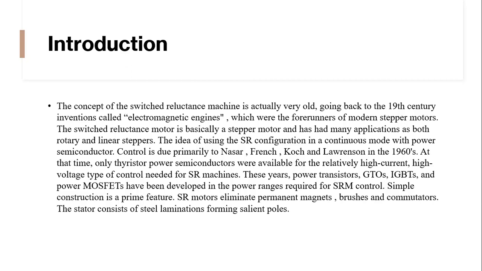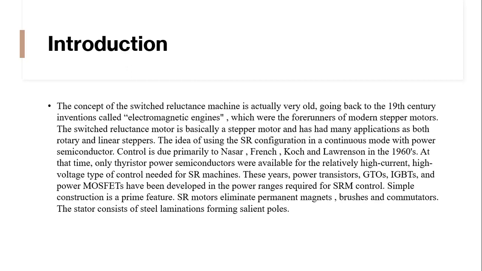So we did not go for this electromagnetic engine, and also there was a new invention called the diesel engine. It was cheaper than the electromagnetic engine, and after that we continued with diesel engines, and the number of petrol engines as well as CNG engines increased in the 20th and 21st centuries.